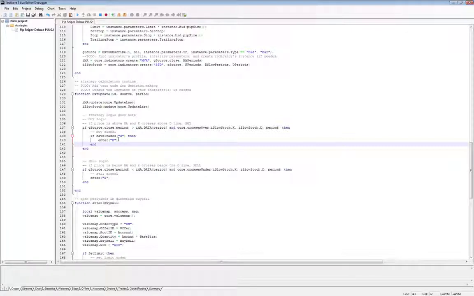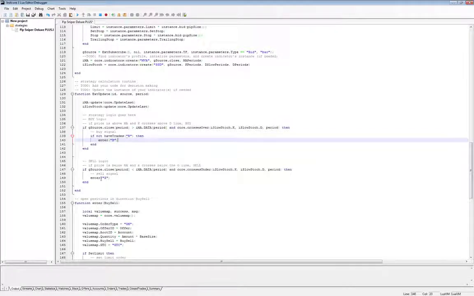But that's not actually what we want. We want to prevent it from placing a buy trade if we already have a buy trade. So really, it's only if we don't have a buy trade do we want to place one in the first place. So instead of if have trades, let's do if not have trades. So if we don't have any buy trades, then we can place a buy trade.